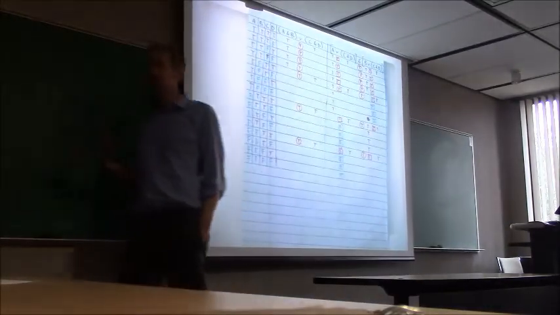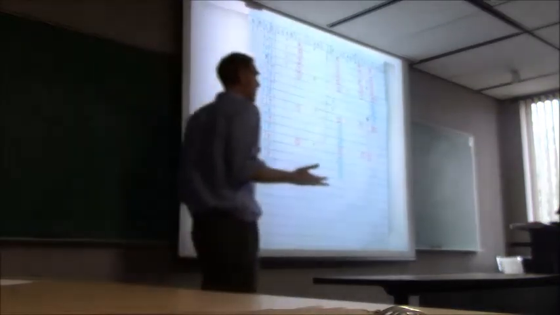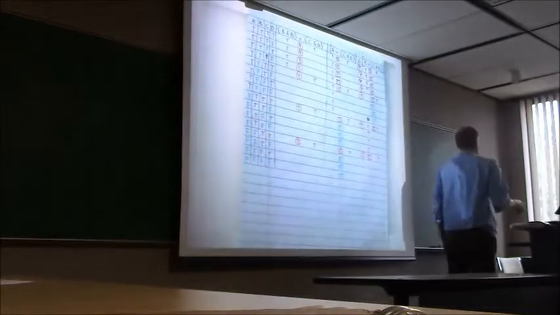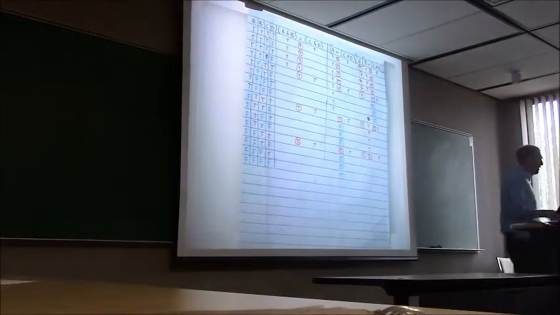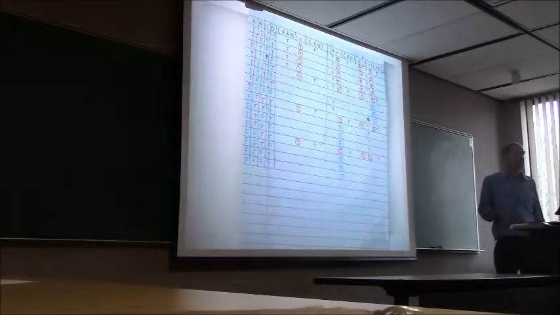So the truth value based test for when an argument is valid is, and you might want to write this down, an argument is valid if the premises are true, the conclusion has to be true.